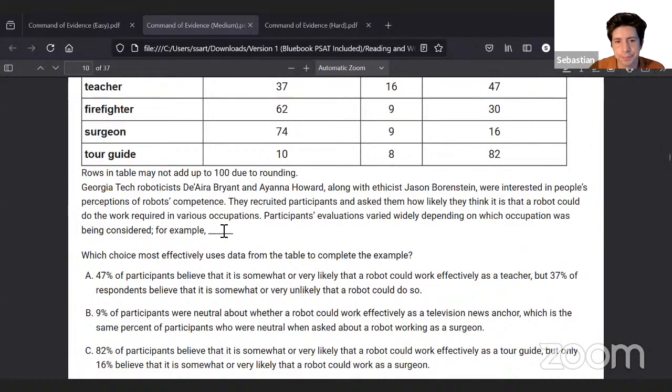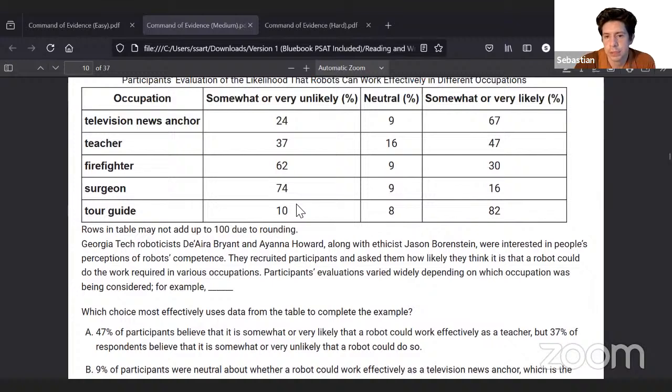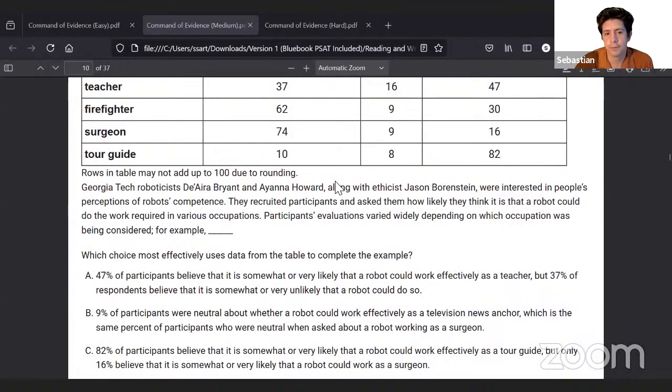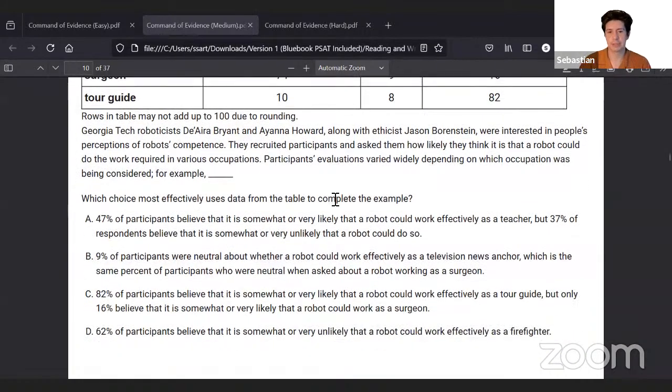For example, their evaluations vary widely depending on the career, right? 47% of participants believe that it is somewhat or very likely that a robot could work effectively as a teacher, but 37% of respondents believe that it's somewhat or very likely that a robot could do so. 9% of participants were neutral about whether a robot could work effectively as a television news anchor, which is the same percent of participants who were neutral when asked about a robot working as a surgeon.